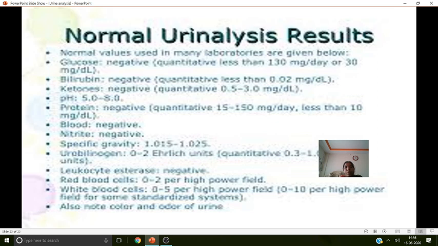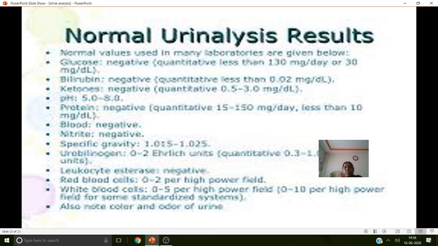Specific gravity is 1.015 to 1.025, and urobilinogen is 0 to 1 units, quantitative 0.3 to 1. Leukocyte esterase is negative.